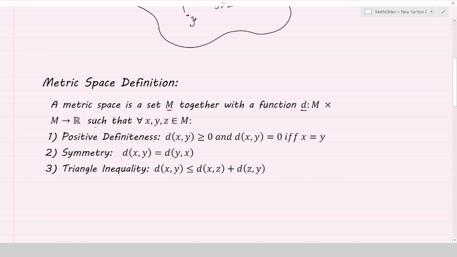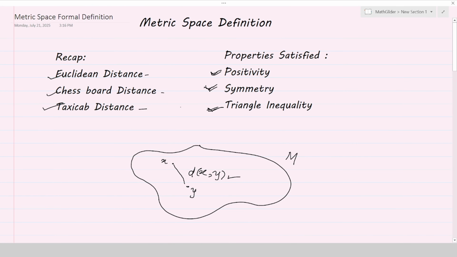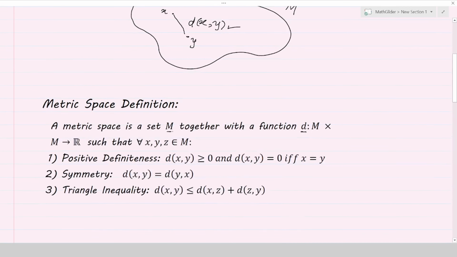We will take in the domain two points from our set capital M, and it should satisfy these three properties as we saw: positivity, symmetry, and triangle inequality. Formally, we say for all x, y, z belonging to capital M, which means for all points in our metric space, we have these three properties.